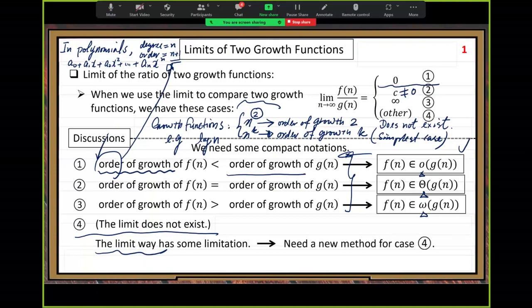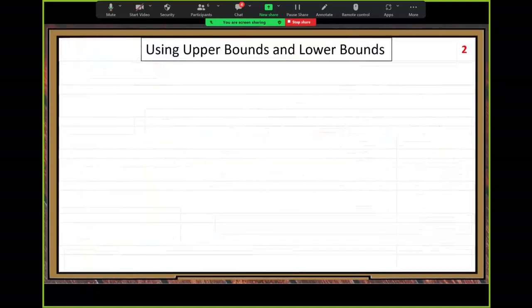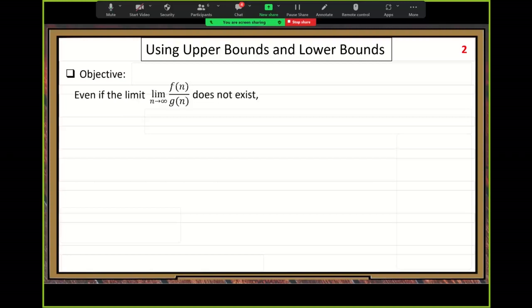The way is using upper bounds and lower bounds between the representations of those two functions, an f function and a g function. Even if the limit does not exist, this method does not use limits.